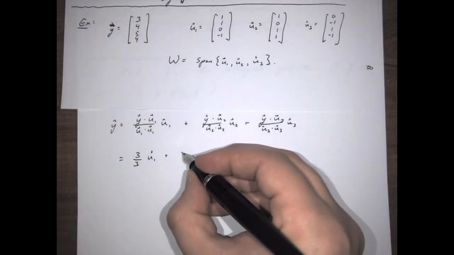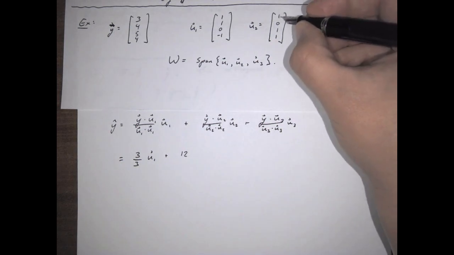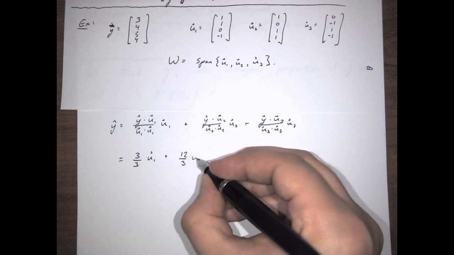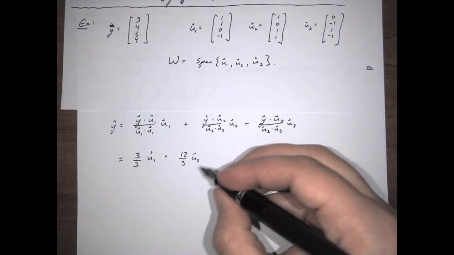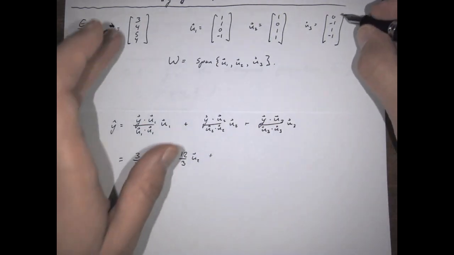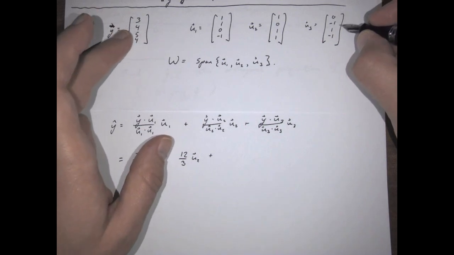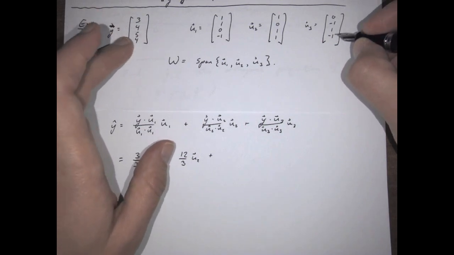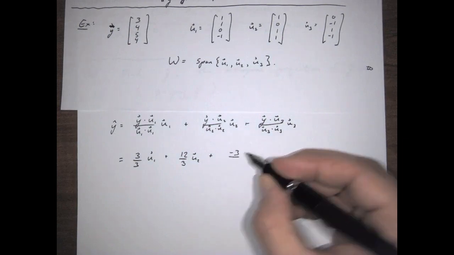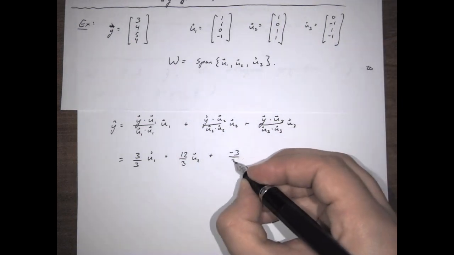That's going to add up to 12. And then divided by u2 dot u2, so it's 1 squared plus 1 squared plus 1 squared, which will be 3. And then we have 3 times 0 is 0, minus 4 plus 5 minus 4. It's going to equal negative 3 over u3 dot u3, which is also 3.